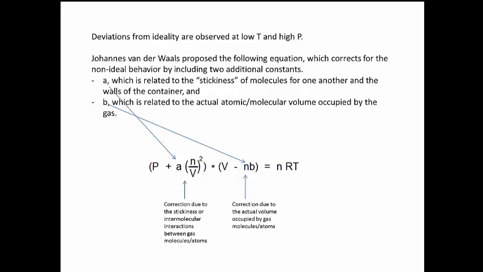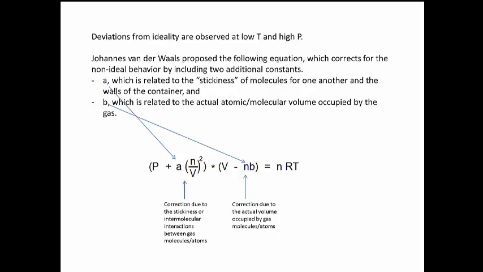That is added to the P, the pressure term of the PV equals nRT, and then you have the volume term, but the volume term has a correction to it. It's volume minus n, the number of moles, times the second constant, b.